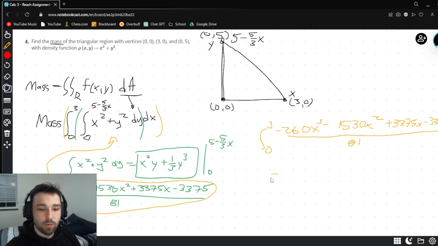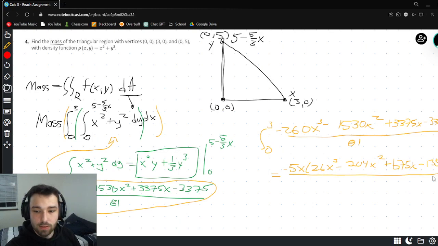And this is equivalent to negative 5x 26x to the third minus 204x squared plus 675x minus 1350. And that's all over 162.